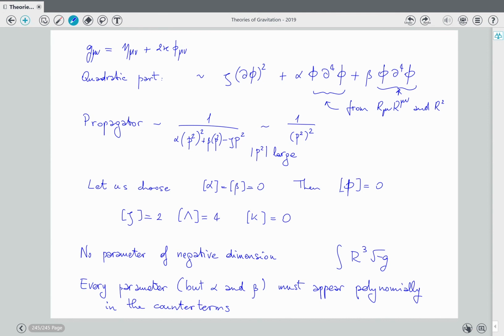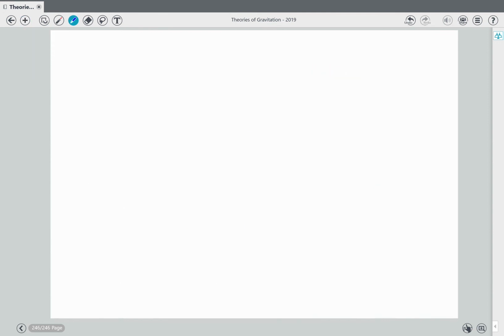Okay, so let's do it. Let's also check this, add a cosmological constant as dimension 4.